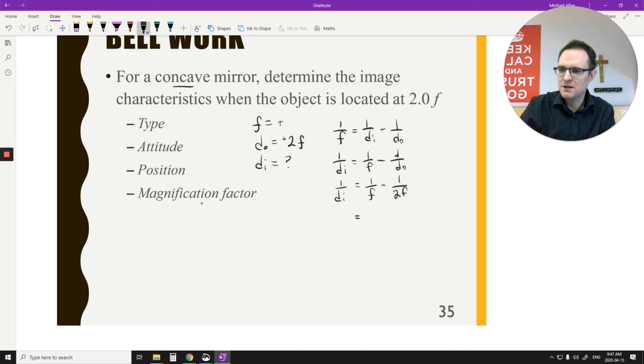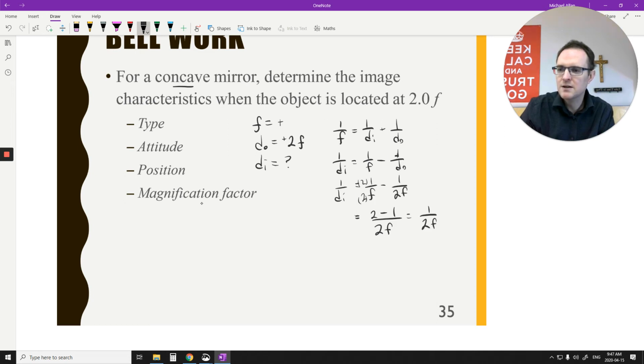And what I'm going to do is I'm going to use a little bit of my math knowledge here to simplify this down. So I want a common denominator of 2f. So I'm going to times this side by 2 on both sides. And you get 2 minus 1 on the top. Okay, 2 minus 1, that's a 1 on the top.